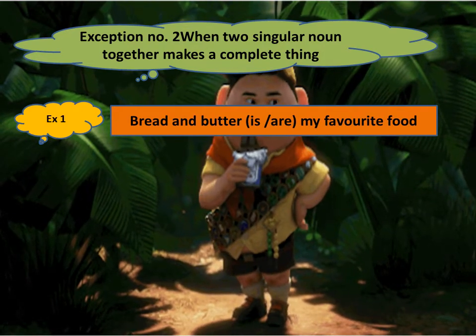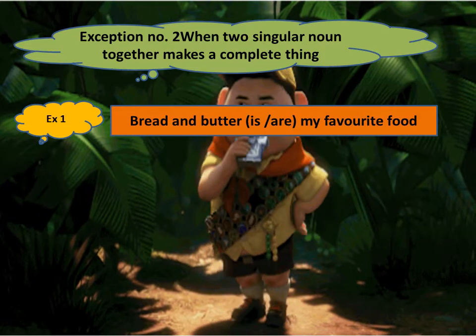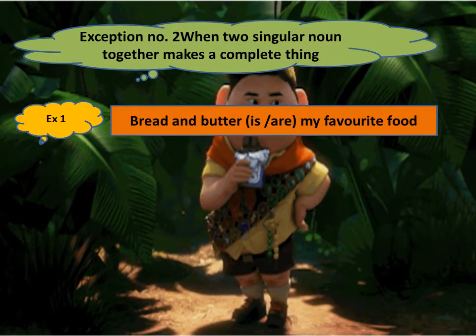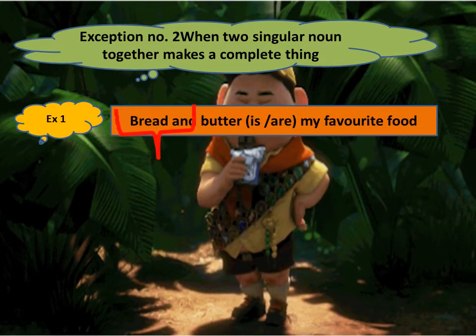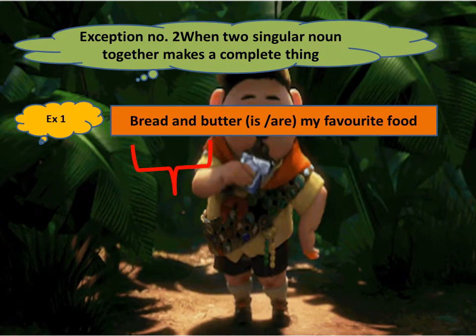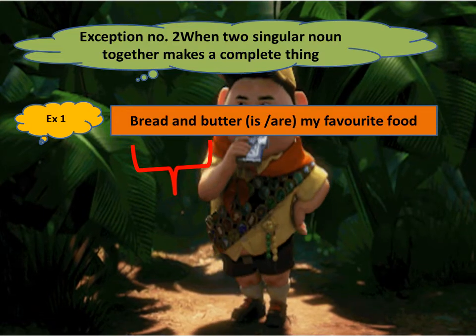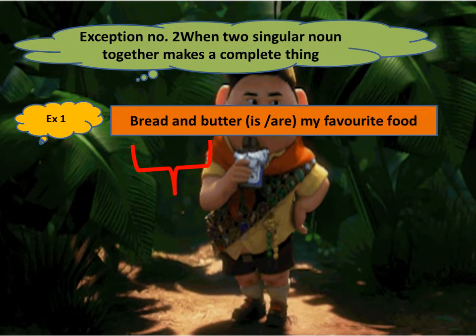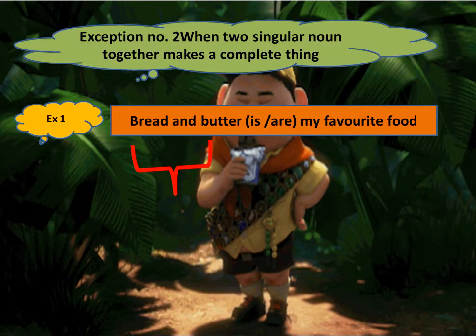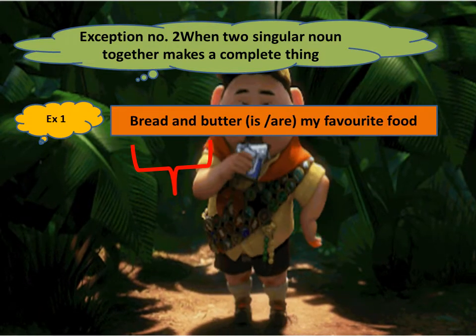Now you must be thinking bread and butter are two different things, so the correct verb should be are, because bread and butter are two subjects, they are joined by and, so they are acting as a compound subject. No students, here bread and butter together are making one subject.